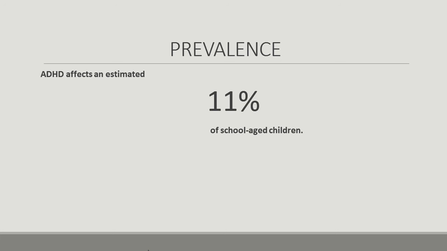But ADHD per se, prevalence is about 11 in 100, so it is 11%. So if we have 2 classrooms, we have in each classroom about 5 children with ADHD.